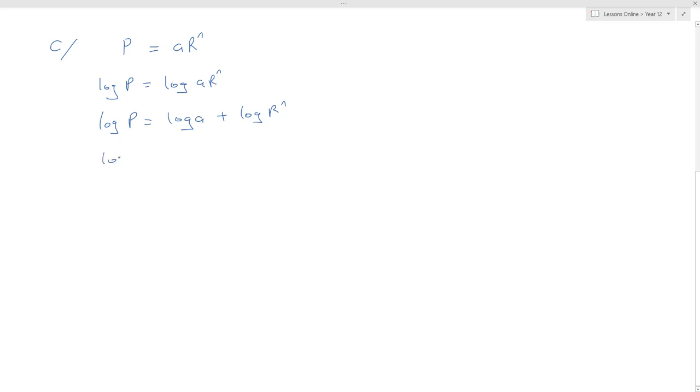So log P is equal to log A plus N log R. Then rearranging, log P is equal to N log R plus log A. Now, the equation of a straight line is y is equal to mx plus c. So log A is our y-intercept.